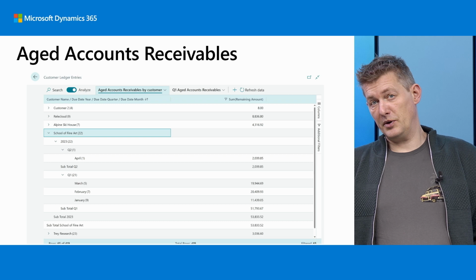Okay, let's switch to a different type of analysis. Let's look at data as seen from maybe a compliance point of view. An administrator who would like to go in and check some things in Business Central.